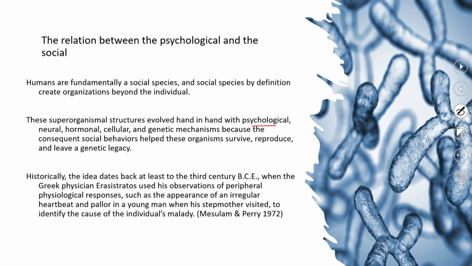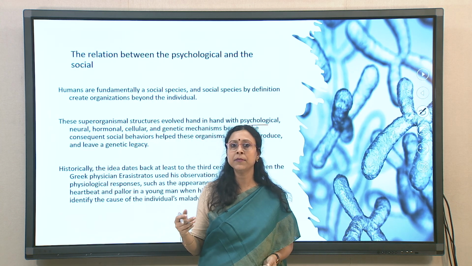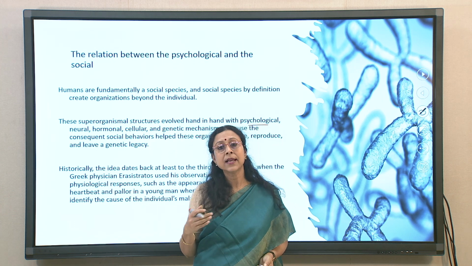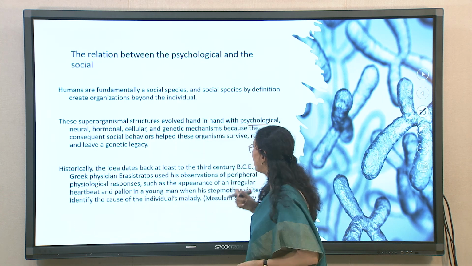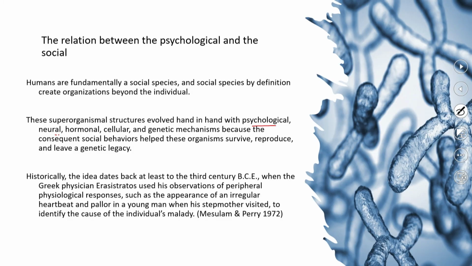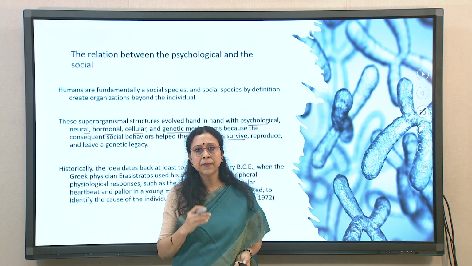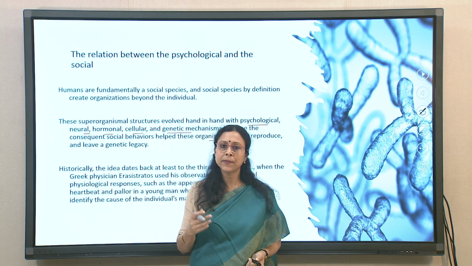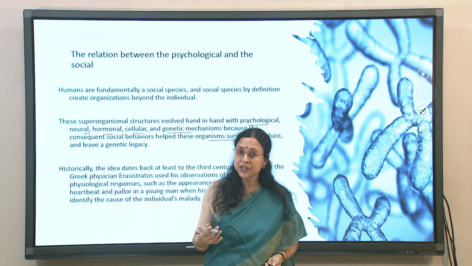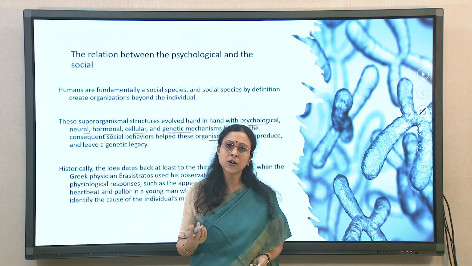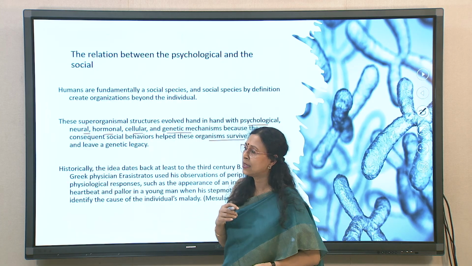So, when animals go from solitary to a social group, simultaneously many other changes take place. For example, psychological, neural, hormonal, cellular and genetic mechanisms, because the consequent social behaviors help these organisms survive, reproduce and leave a genetic legacy. The baseline understanding is that as we go from simple to complex social structure, simultaneously there are changes, or let us say adaptations, in these domains as well. So, psychological and social always go hand in hand, that is the premise.